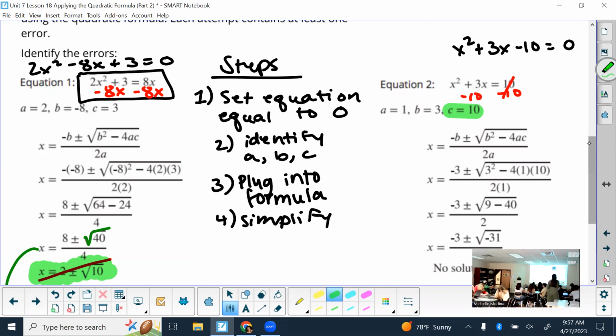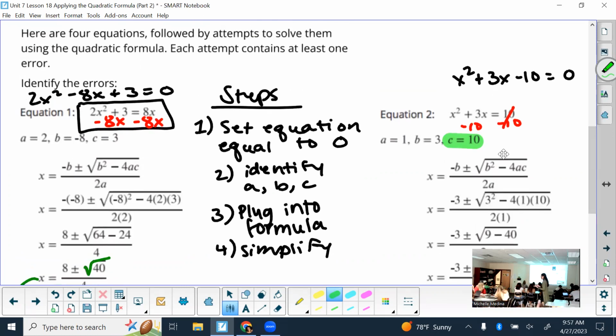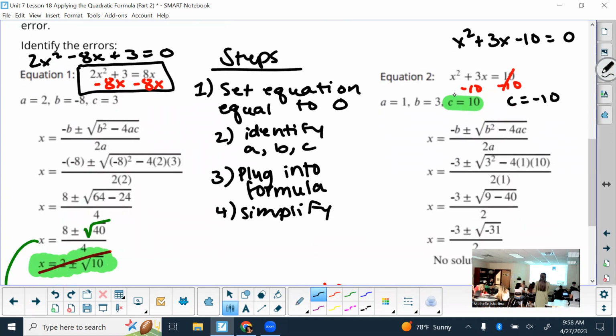In this one, they probably did not set it equal to 0 because they got the C wrong. So that highlights the mistake. The C should be -10 because of that. The rest of it, obviously, since they put a 10, would mess up the rest of it. But as far as I can see, that seems to be the only mistake. A lot of silly mistakes usually get made when you forget those parentheses, so always put those too.